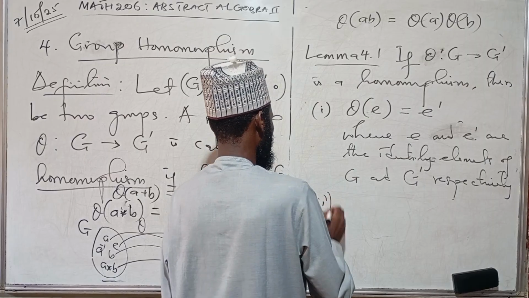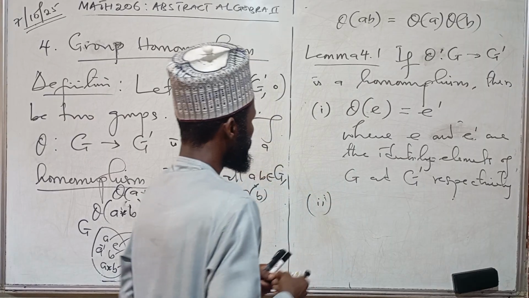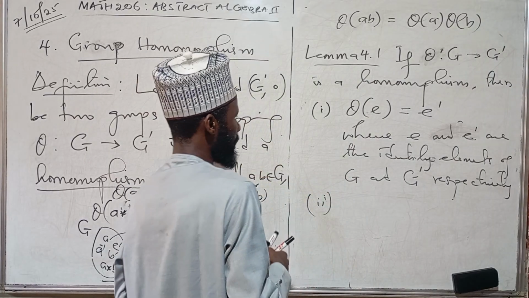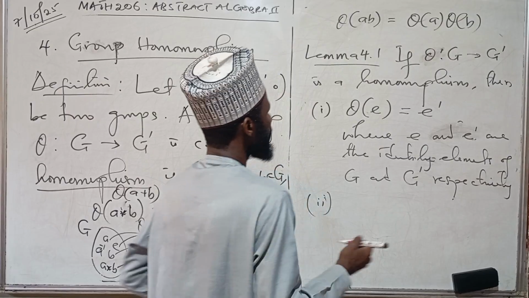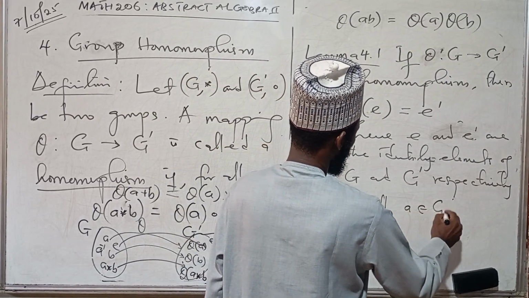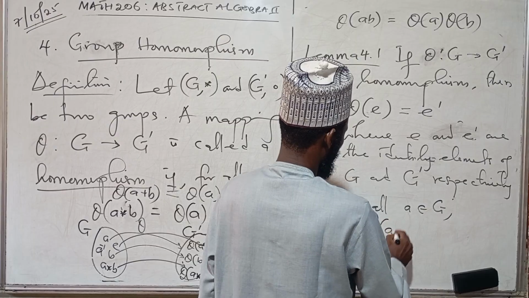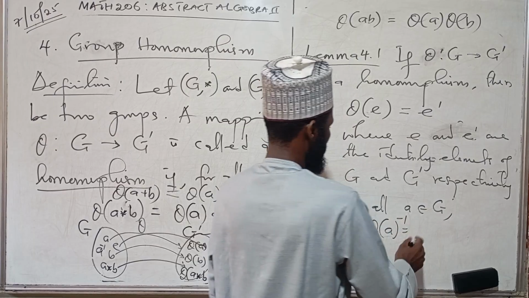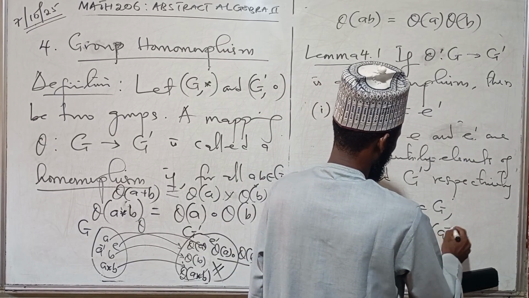And then the second thing is to say that for all A in G, theta of A inverse will be equal to theta A inverse.